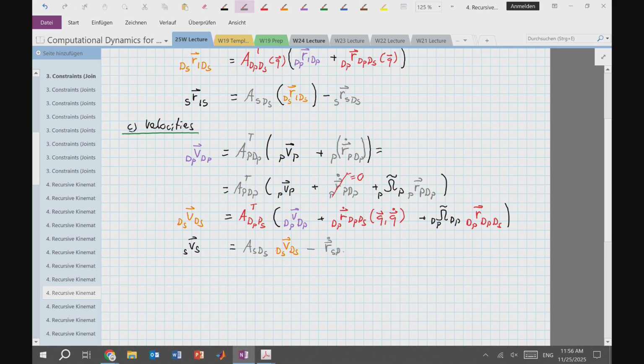So we have minus r dot s ds, and that's already given in s coordinates, minus, by the transport theorem, omega s times r s ds expressed in s coordinates. And then this one here, the numerical derivative, is again 0 because this vector r s ds is body fixed in s coordinates.